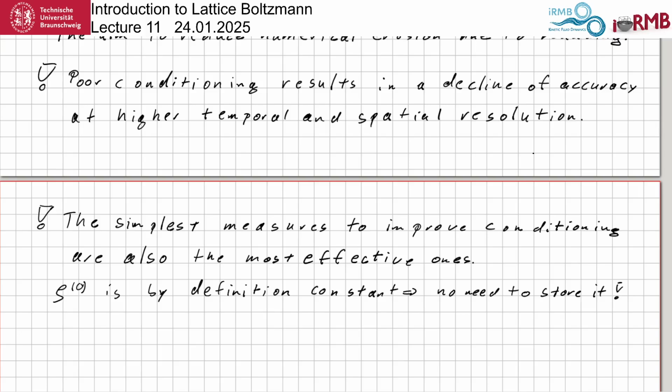So this works like this. We define a delta f_ijk as f_ijk minus w_ijk, where these w_ijk are the constant lattice weights that we also know from the BGK lattice weights.